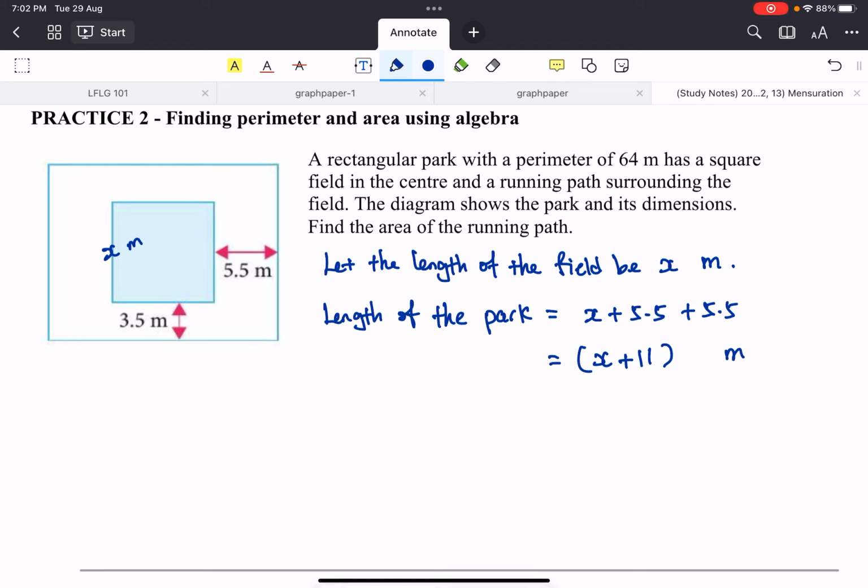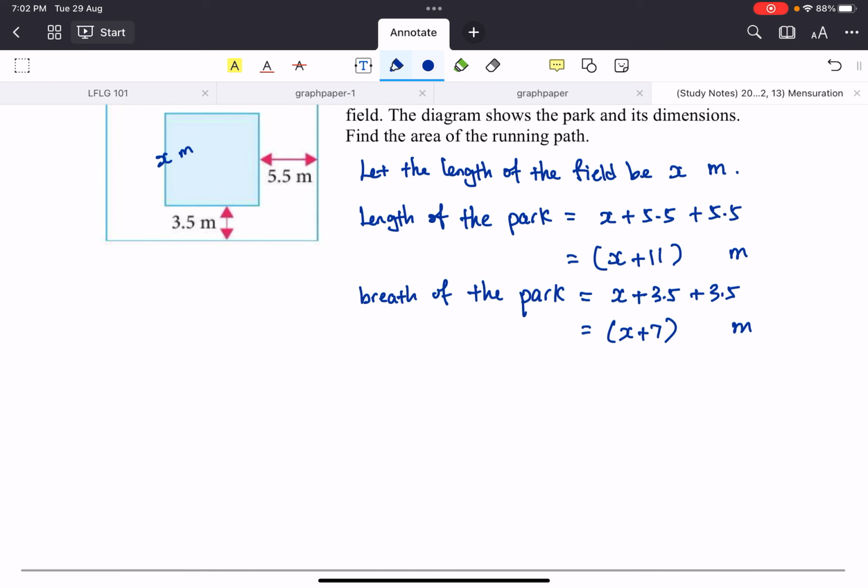And then we can talk about the breadth of the park. This time round it will be x plus 3.5 plus 3.5. That will give us x plus 7, and let's write down the units so that we have some clarity. So that's the information we have now, the length of the park and the breadth of the park. We are told that the perimeter is 64 meters.